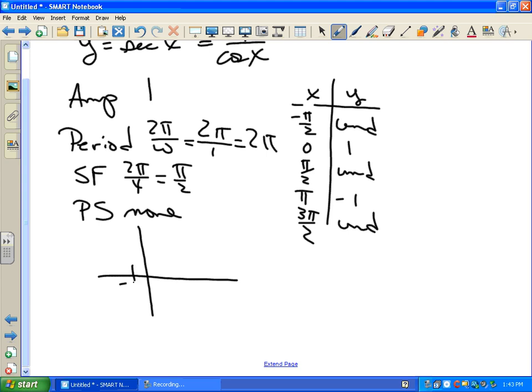So when I put my negative pi over 2 dotted line, I put my pi over 2, pi, and 3 pi over 2 also have dotted lines. Maybe I should make those in a different color so they show up.